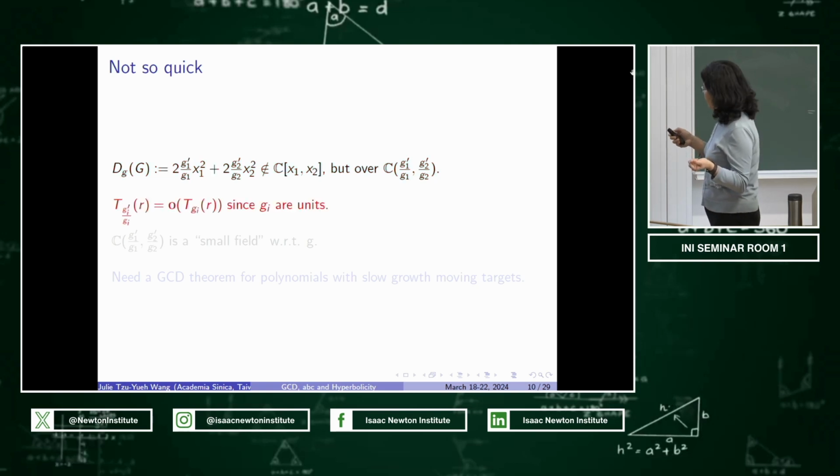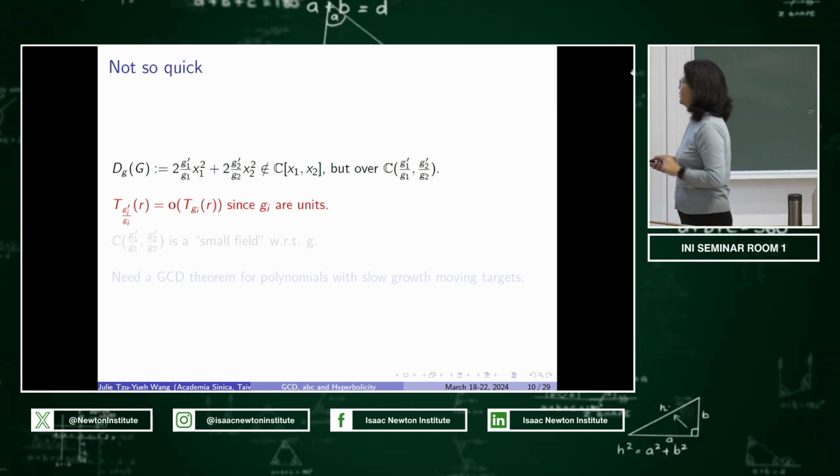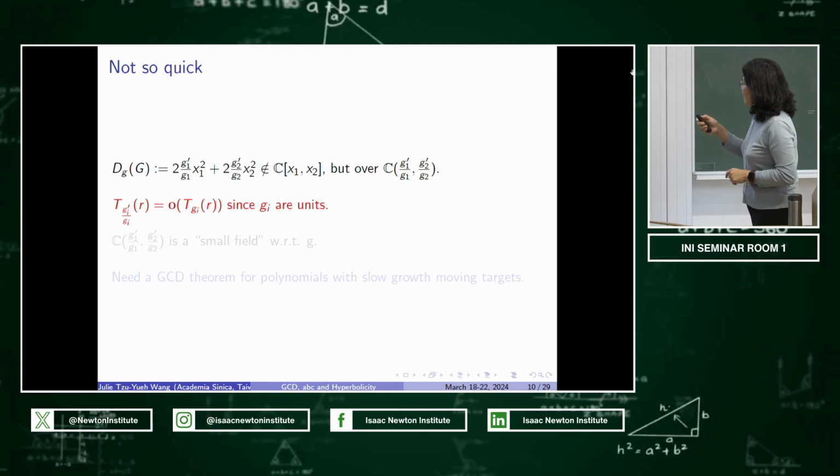So in this case, we do know the characteristic function of G prime over G is a small function. You can just think, if you have an exponential of something, then you take a derivative and divide by the exponential of the function, you only get the exponent. So this is a small function.